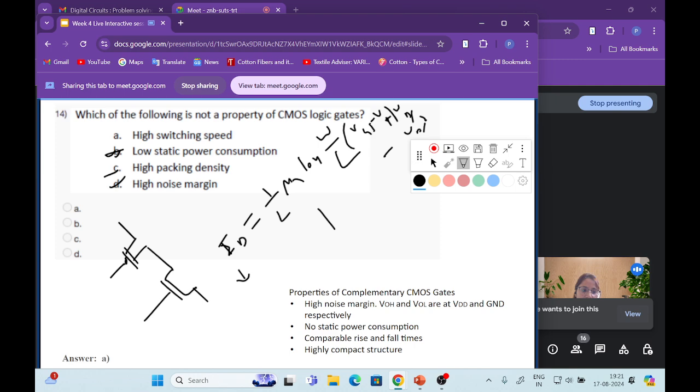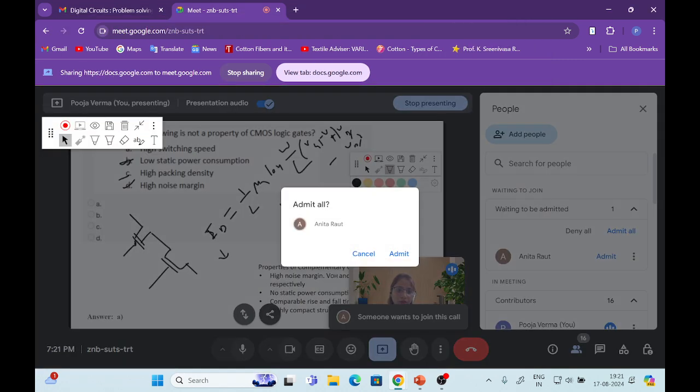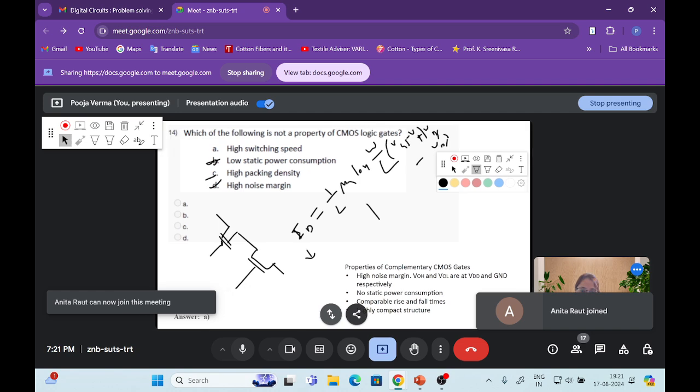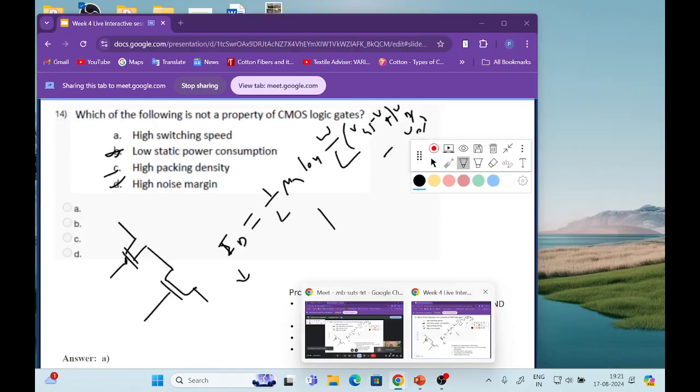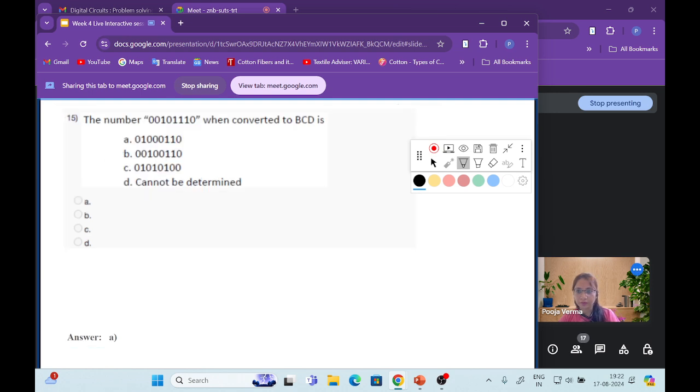So that is the reason for the high switching speed of the CMOS logic gate. So high switching speed is not a property of a CMOS logic circuit, so option A is the correct answer for this question. Okay, I hope all of you are getting it. So moving to the next question.